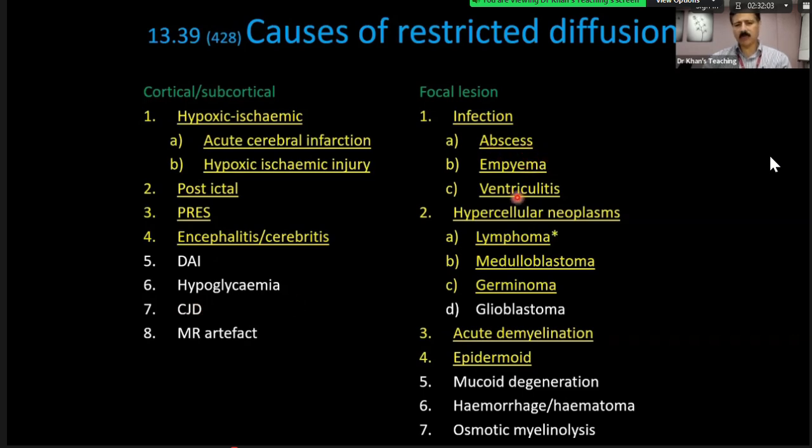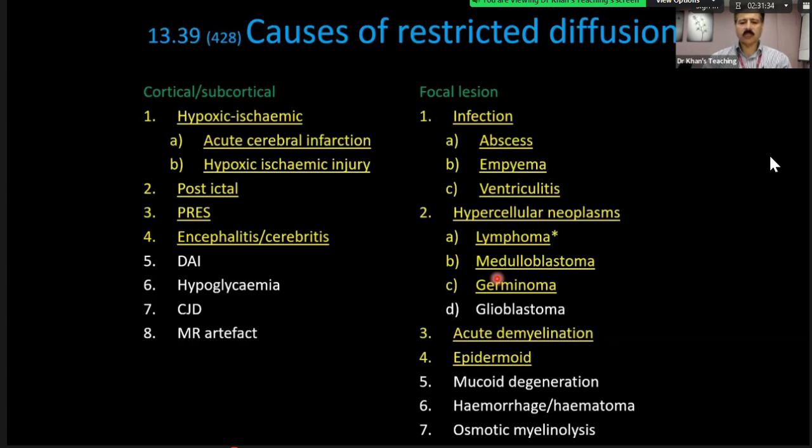Abscess, empyema. Please remember that many tumors can also show restricted diffusion, and some of the tumors which can show restricted diffusion are not even written here in your Chapman. For example, meningiomas. I've seen so many meningiomas which show restricted diffusion. So, classical question in the exam is about which part shows restriction.